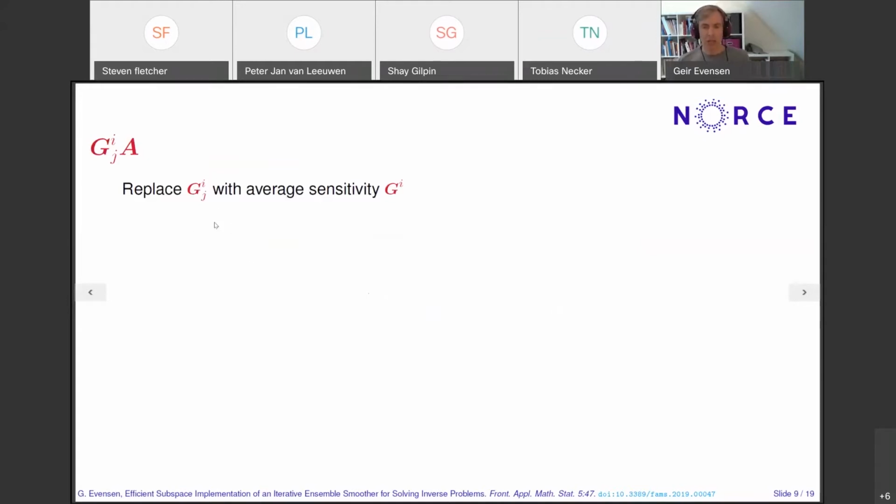We replace the exact model sensitivity, or tangent linear operator, with an averaged sensitivity of the model, which we define as G_i. We have not really said what it is yet.